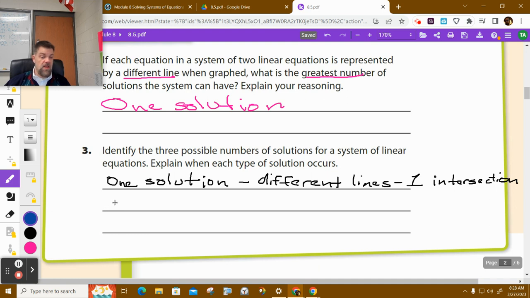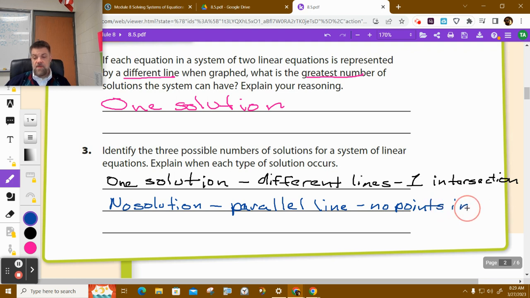The next one is no solution: parallel lines. Parallel lines will not cross. And that's no points in common.